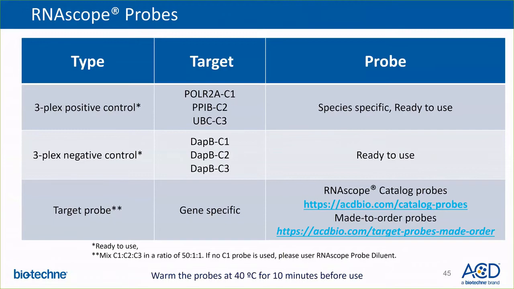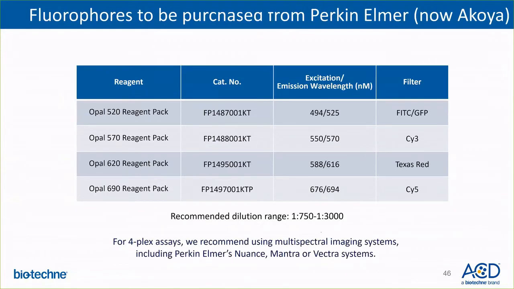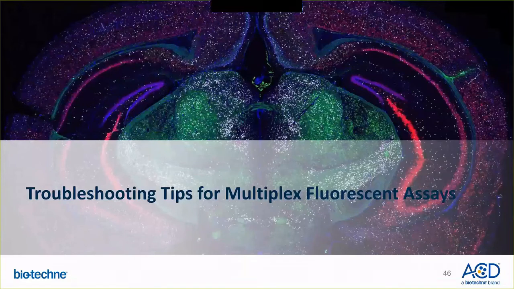If you're working with a novel gene and no catalog probe is available, please feel free to contact your area account manager or go on our website to initiate the custom probe design feasibility test. Again, for the V2 assay, please ensure that you have the appropriate fluorophores before you begin the assay. In the next section, I will share some troubleshooting tips for the multiplex fluorescent assays.